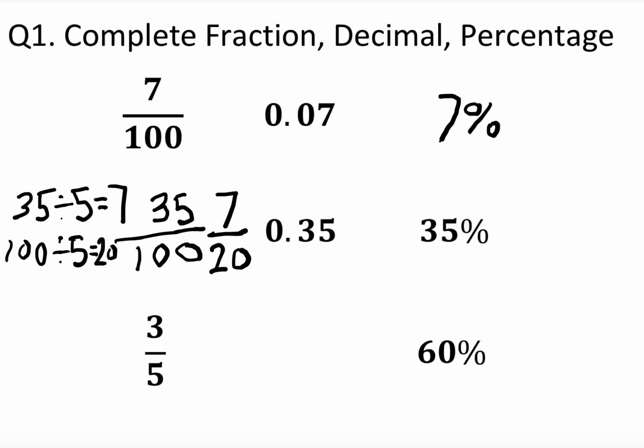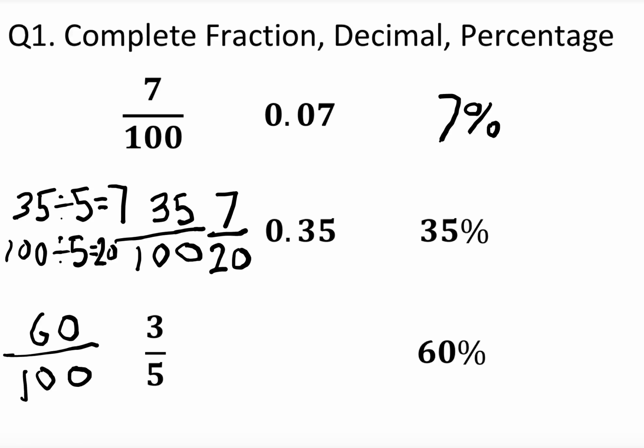So the bottom line, we got 3/5 as a fraction, we got 60% as a percentage, and we need to find the decimal. So the decimal really is, 60% is the same as 60/100. So we'll write down here 60/100.